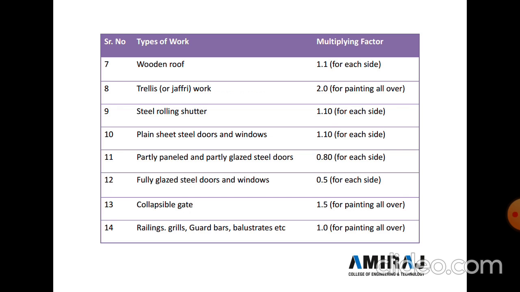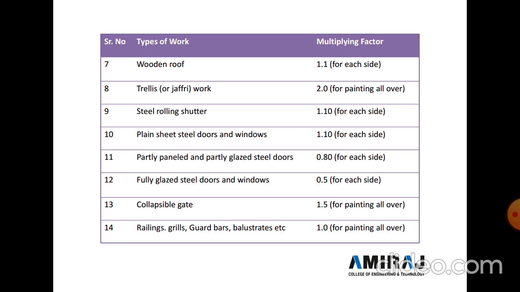Next is trellis or trellis work, multiplying factor is 2.0 for painting all over. Next is steel rolling shutter, 1.10 for each side. Plain sheet steel door and window, 1.10 for each side. And partially panelled and partially glazed steel door, 0.8 for each side. And fully glazed steel door and window, 0.5 for each side.